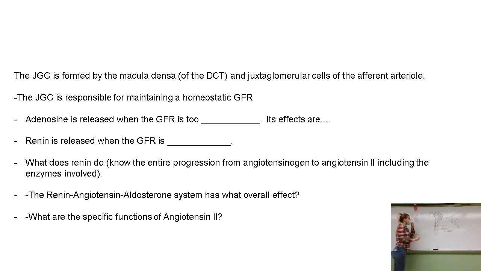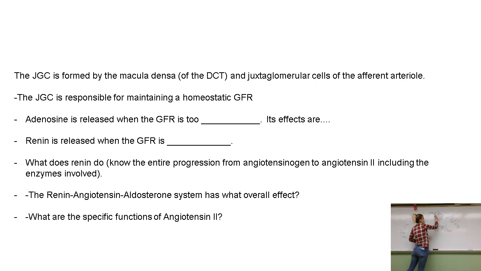Adenosine is released when GFR is what? Too high. So when we're damaging the kidney, essentially. Adenosine is released when GFR is too high. And that's pretty easy to figure out.